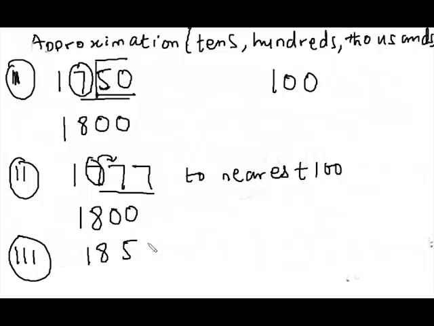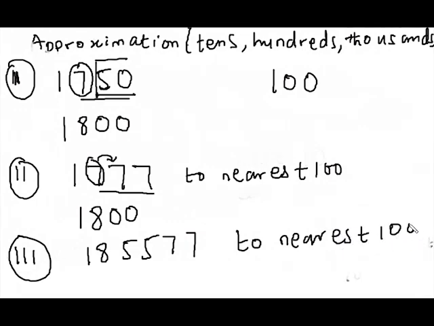Okay, so let me take another example. We have 185577, to the nearest 100. Now in this case, still the same thing. First three numbers from the right, that's what we're looking at. And then the first number from the left of those numbers is 5.